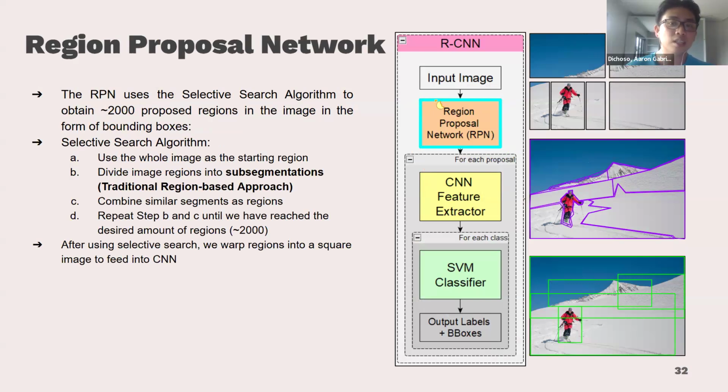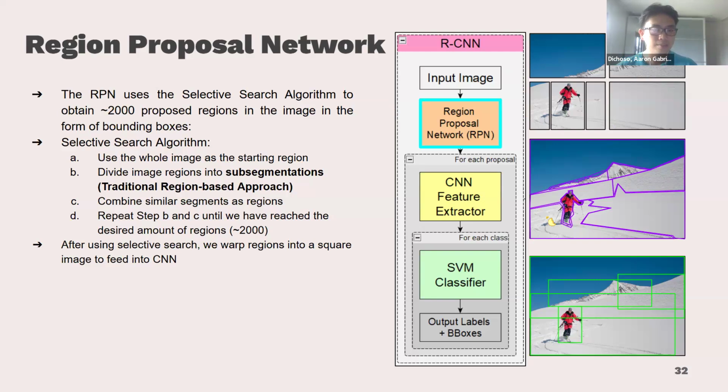So it uses a selective search algorithm. This is not trainable actually. And it's just a specific algorithm that performs region-based segmentation. So if you remember the region-based segmentation, it would subdivide the image and then determine the segments here.